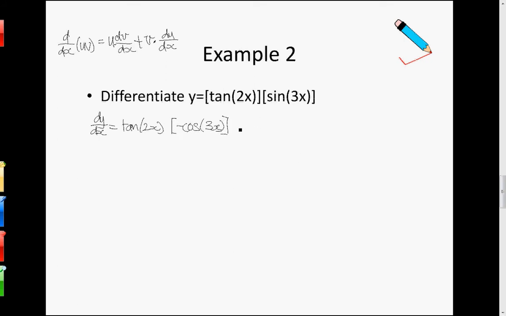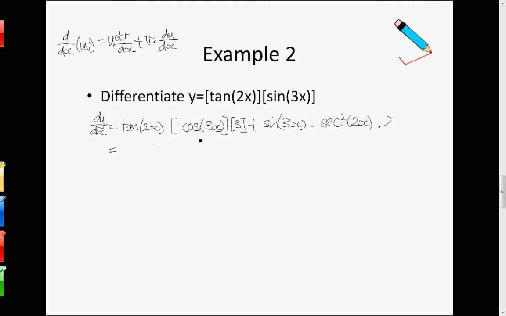So times 3. Okay, and then we have to plus, keeping the sine 3x, differentiating the tangent 2x. So differentiating tangent 2x will give us secant square 2x times 2, because after differentiating 2x I get 2.